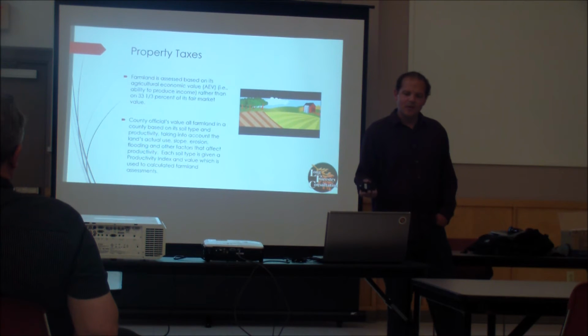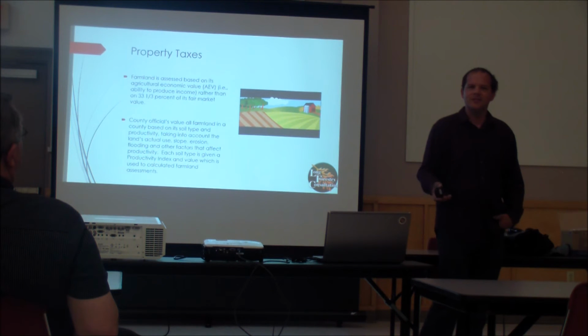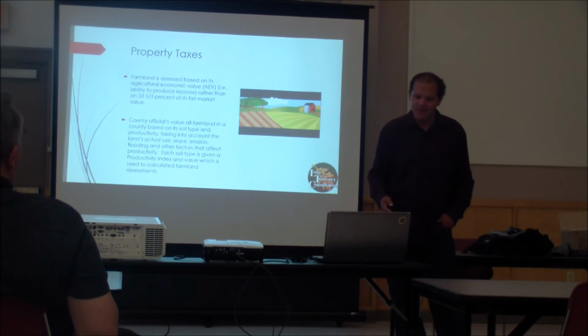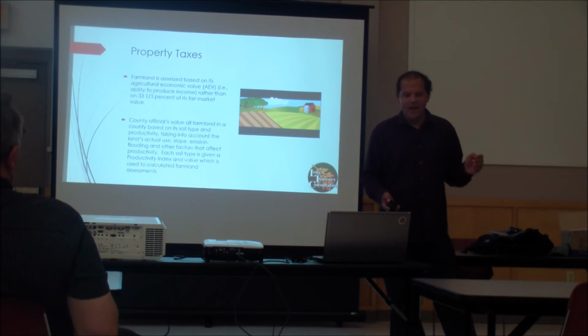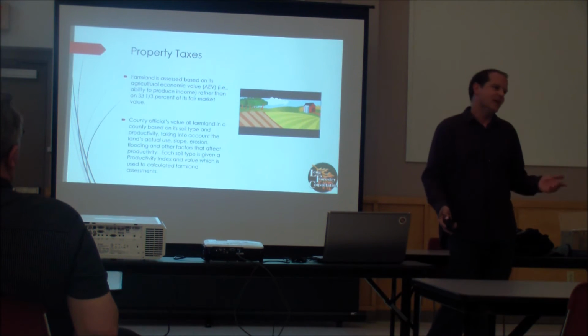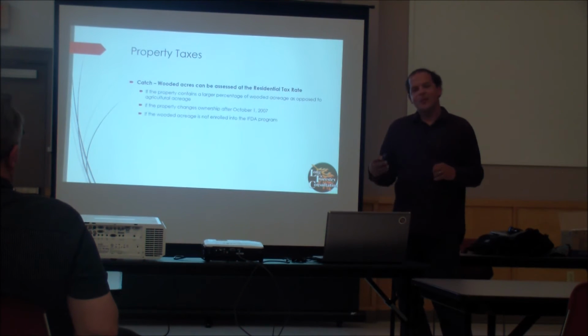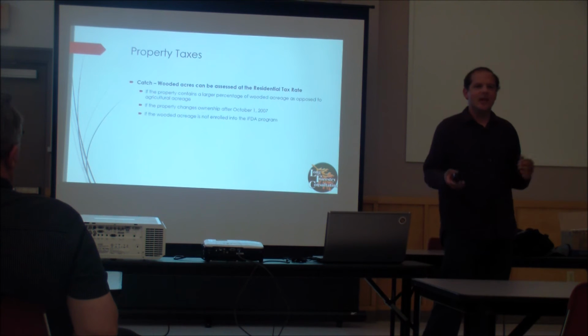Basically, the way they do that is they look at your soil type. They see how productive it is, how many crops it can grow every year. They take into account actual use, flooding, slope and erosion, and based on all that information, it's given a productivity index number. And then with that productivity index number is how they calculate your taxes.